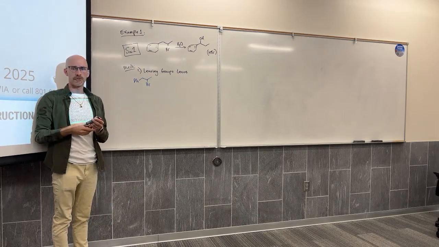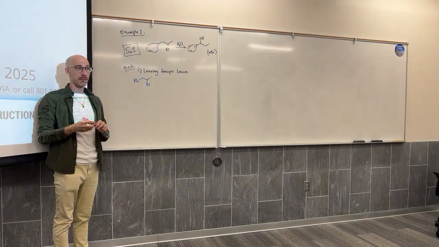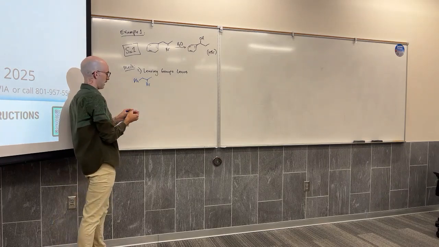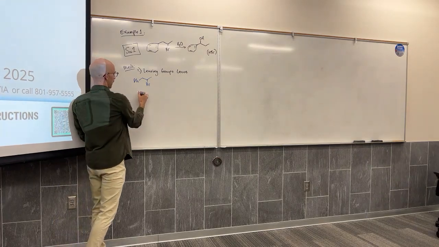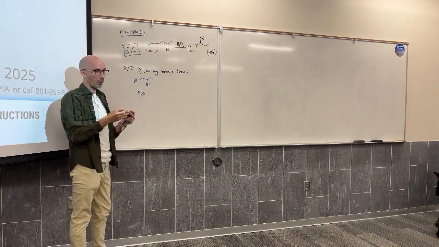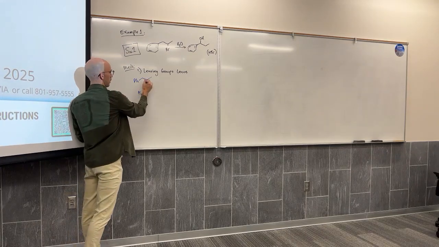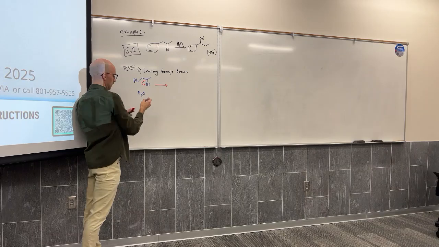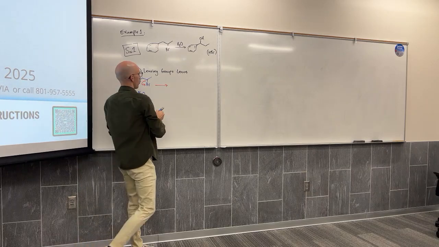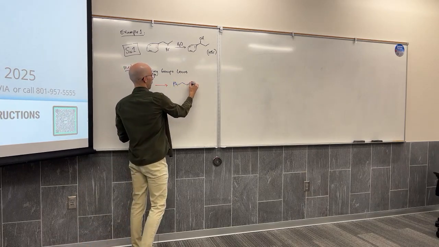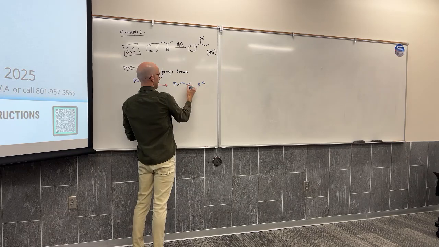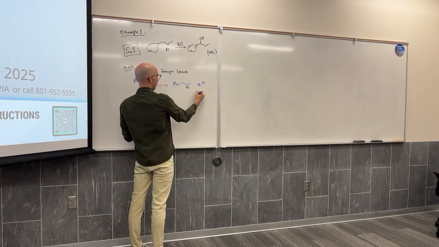This was the same step for the E1 mechanism. And one other thing, I need to have my water here. It doesn't play a role yet, but I like to keep everything present. Leaving group leaves. When bromine kicks off, it creates bromide and leaves behind a carbocation.